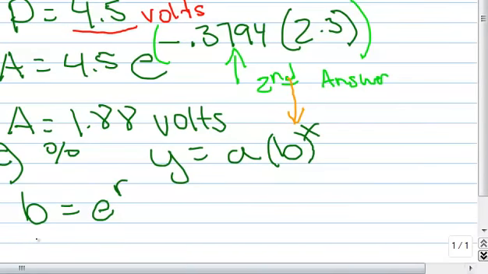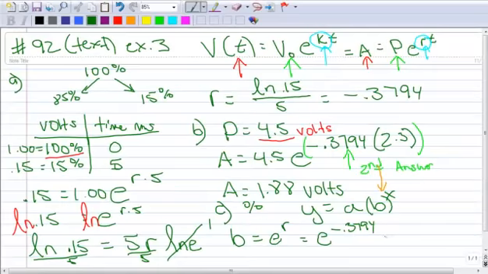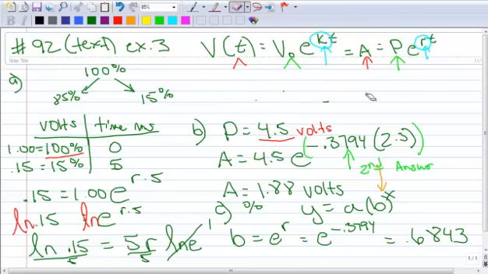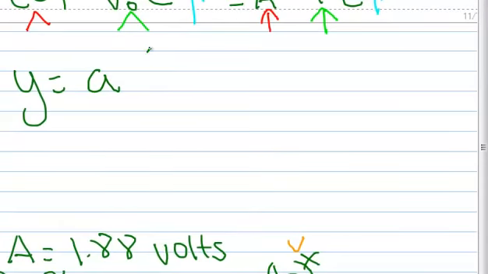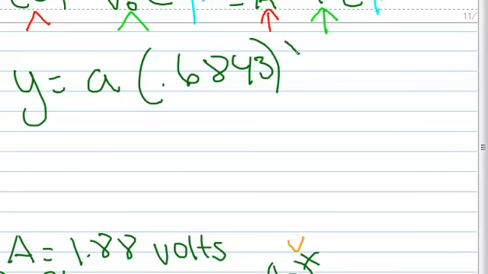So go ahead and calculate B. B is equal to e to the negative 0.3794. When you do that, you get a B of 0.6843. So what I could do is make this exponential equation using B, 0.6843.